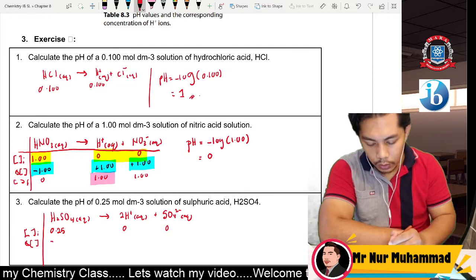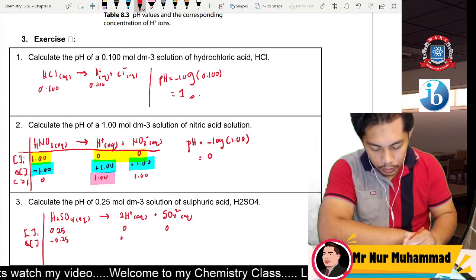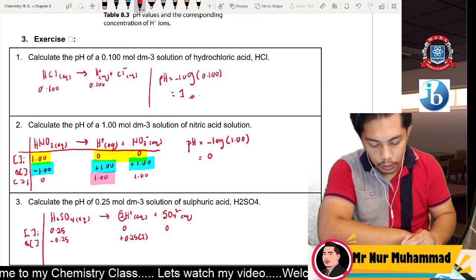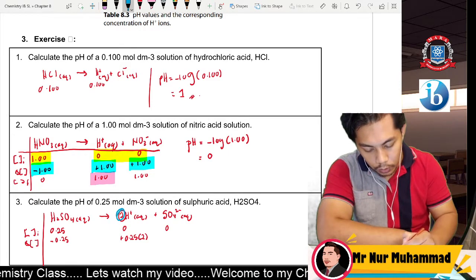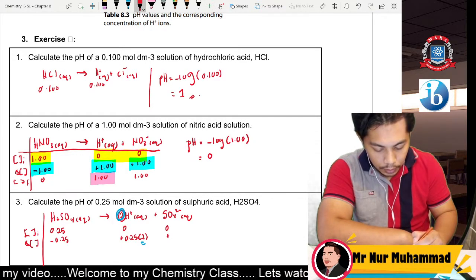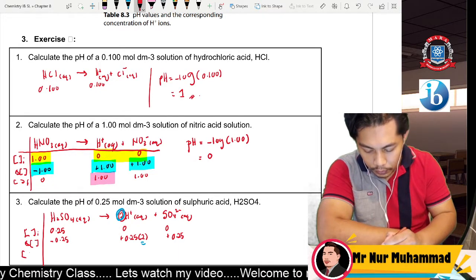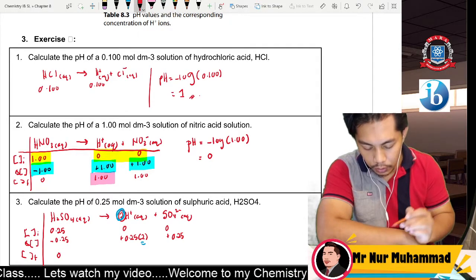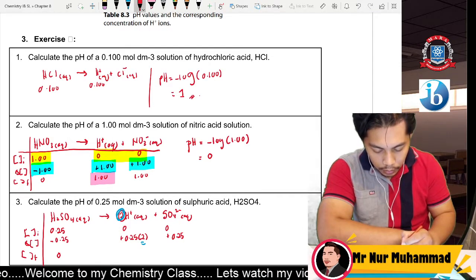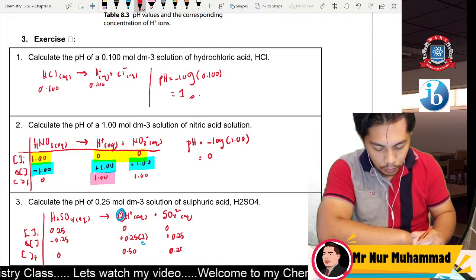If the acid ionized completely, we have to minus its concentration. For the product, plus 0.25 times 2, because there are two hydrogen ions here, and plus 0.25. So finally, the final concentration of sulfuric acid is now 0 because it completely ionized, and this one is 0.50, and this one is 0.25.